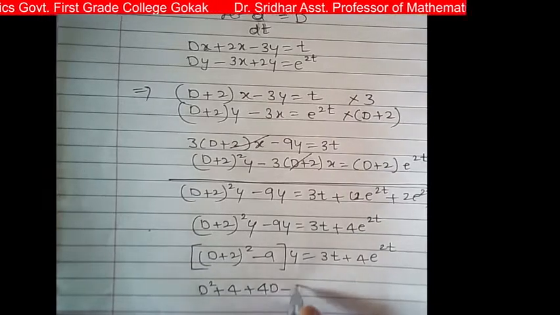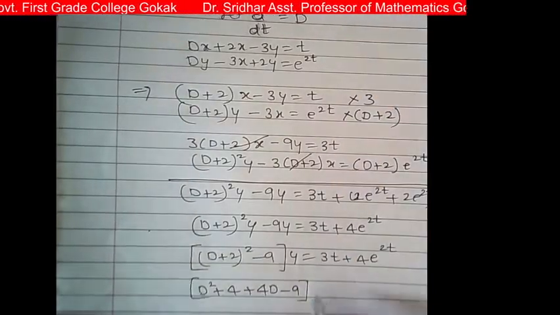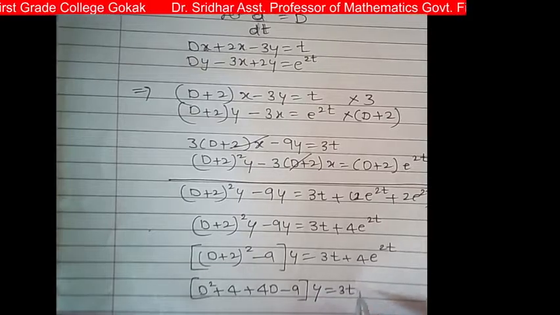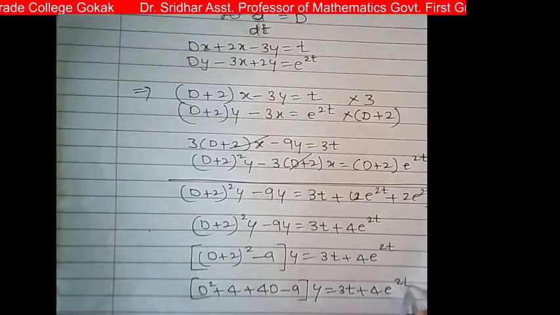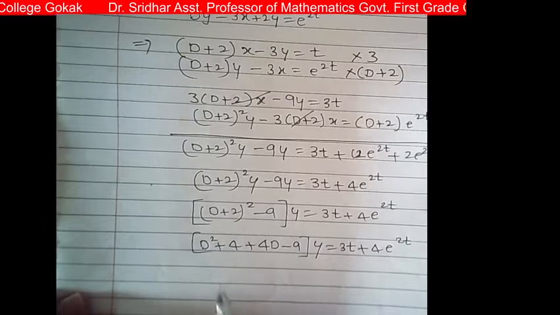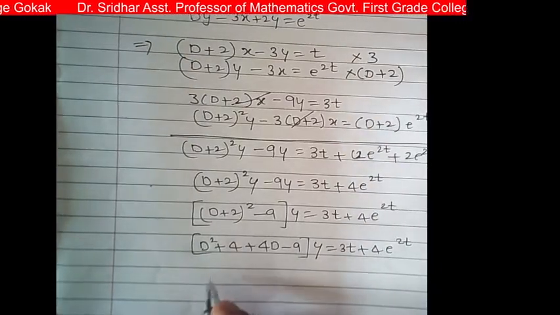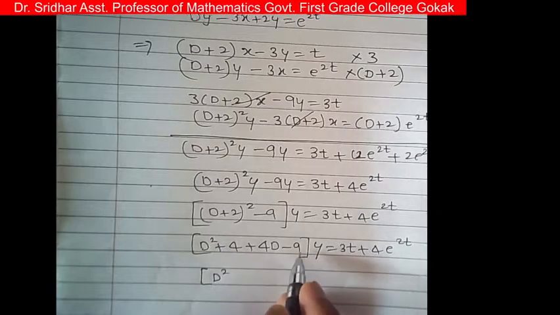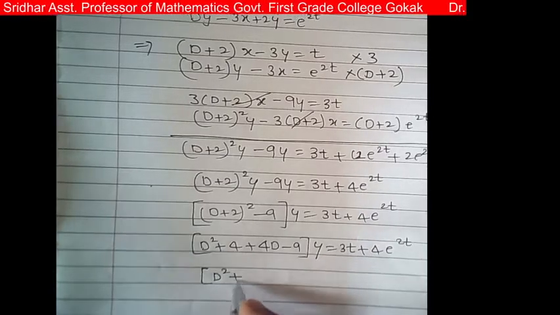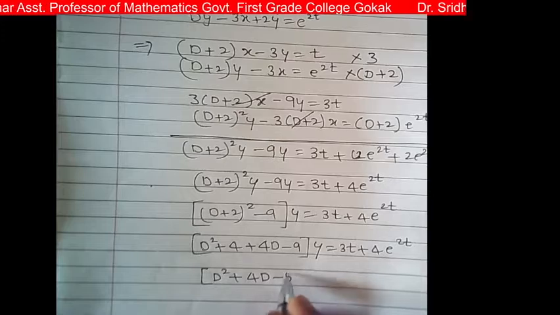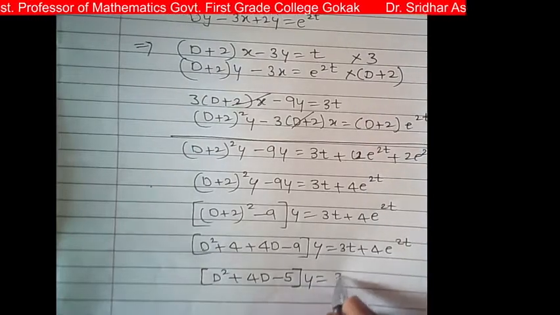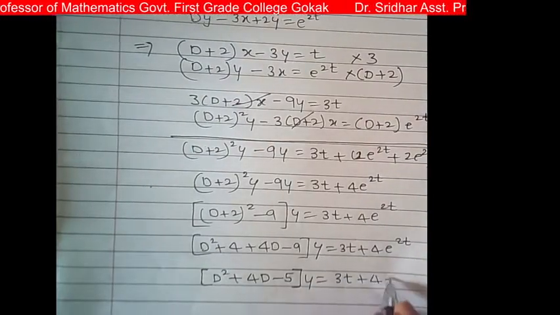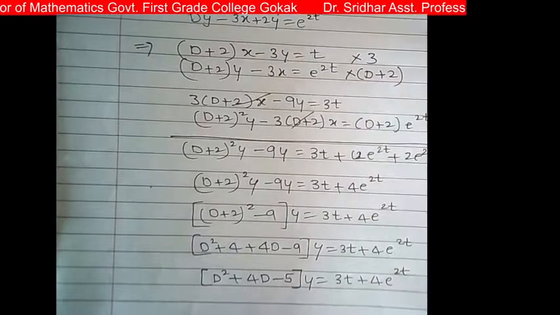So D square plus 4 plus 4D minus 9, into y, equal to 3t plus 4 e raised to 2t. Or this is D square plus 4D minus 5, into y, equal to 3t plus 4 e raised to 2t.